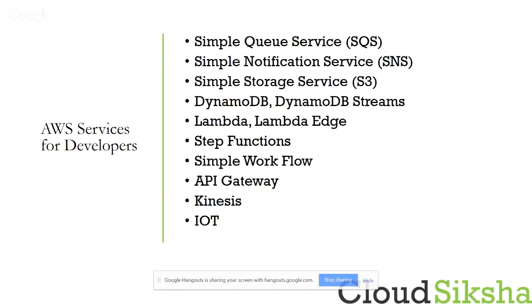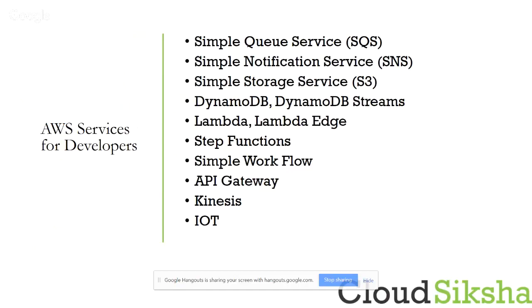When these happen, S3 can inform other services like Lambda or SQS or SNS and so on. And S3 is a very important service because that's the service which allows you to store your files. So S3 becomes an important component for you, both for storage, and S3 events become an important component for you in building your workflows.